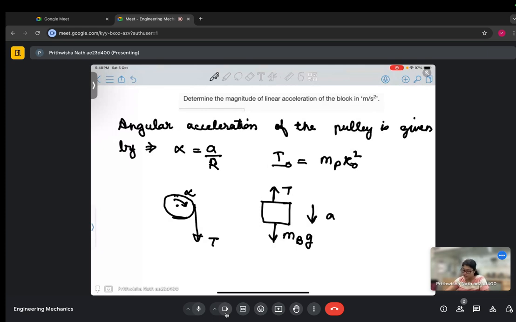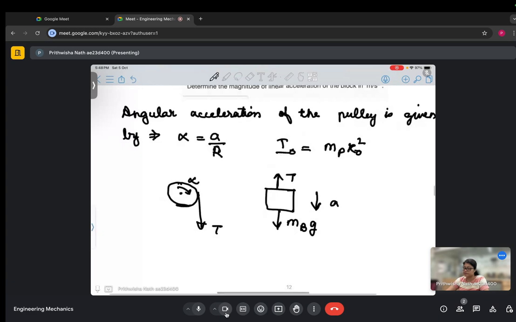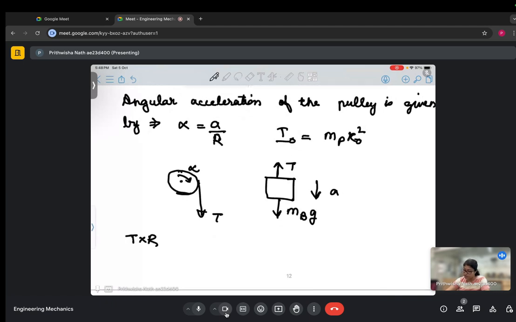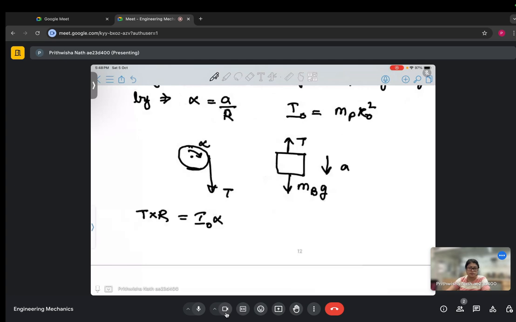Now for the pulley we can write T into R equals I naught into alpha, right? So I'll just substitute the values.